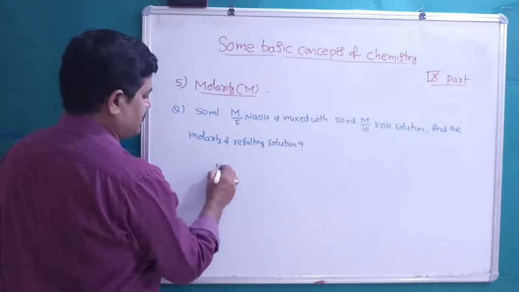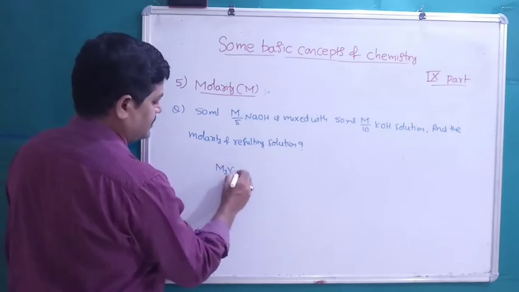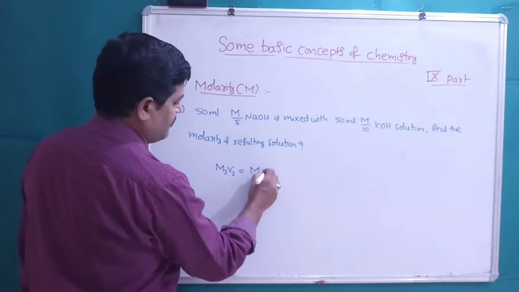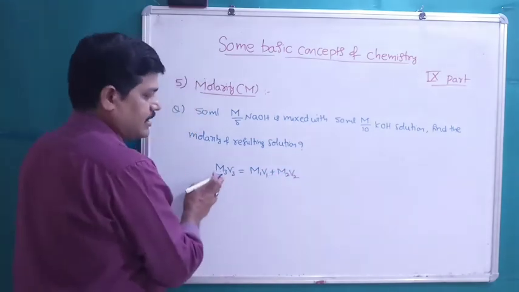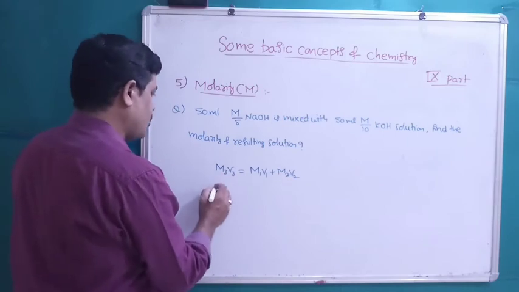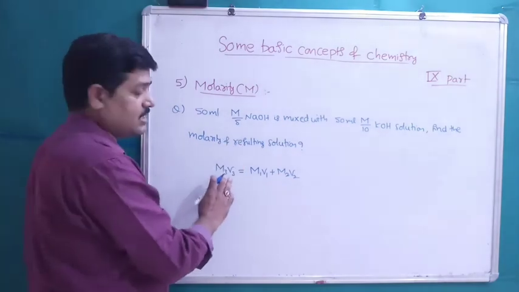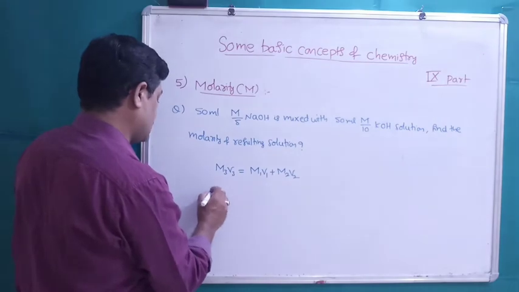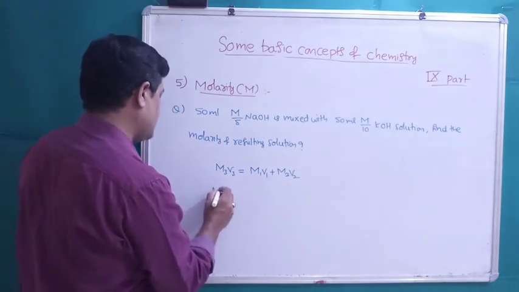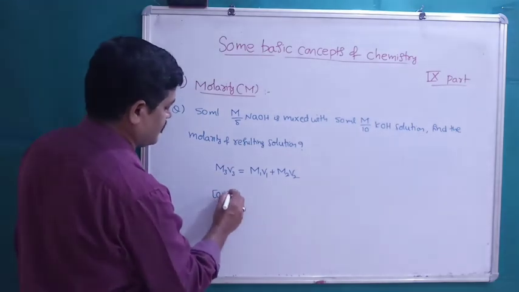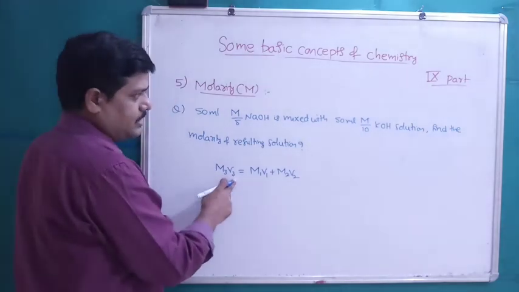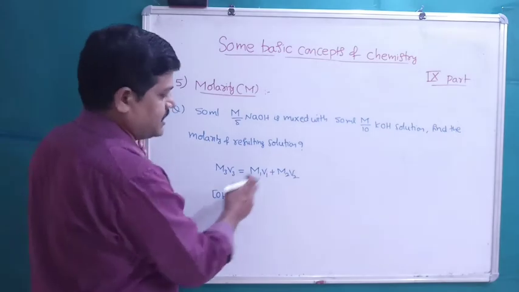Then we can use the formula M3V3 is equal to M1V1 plus M2V2, right? So M3 is the OH minus ion concentration in the resultant solution. V3 is the same as V1 plus V2.